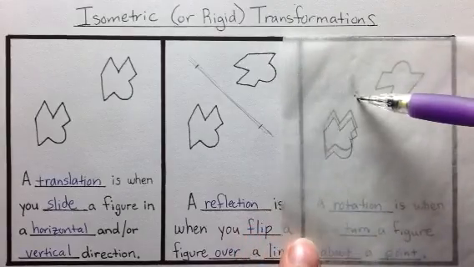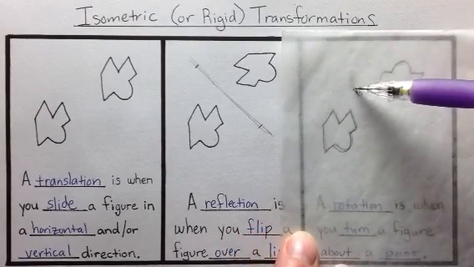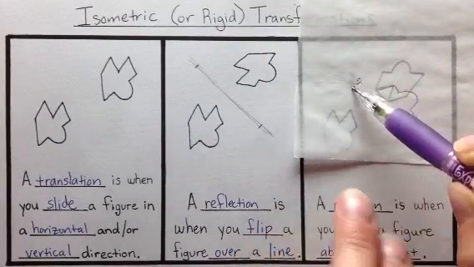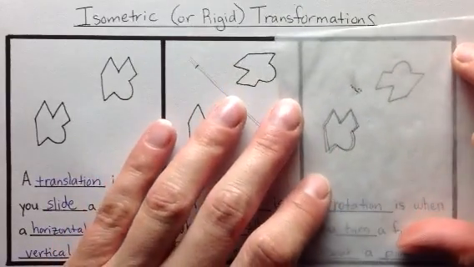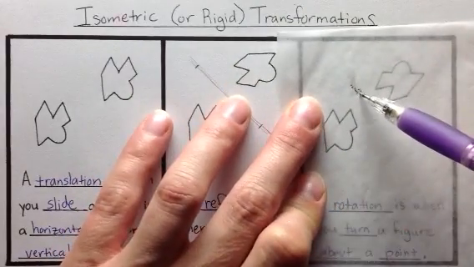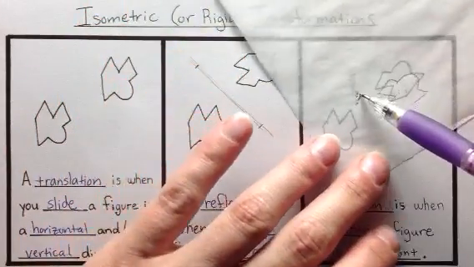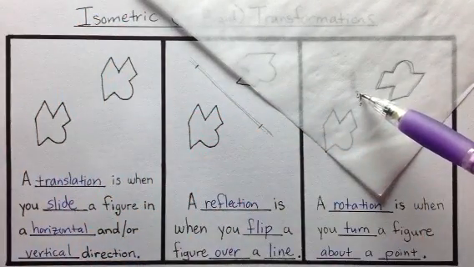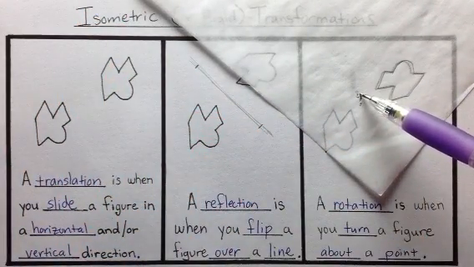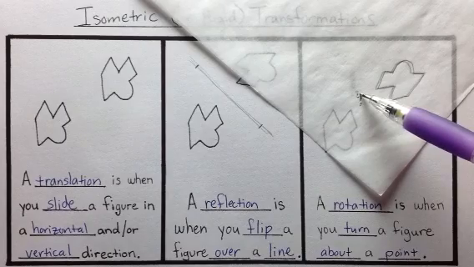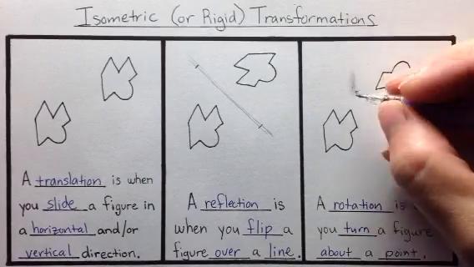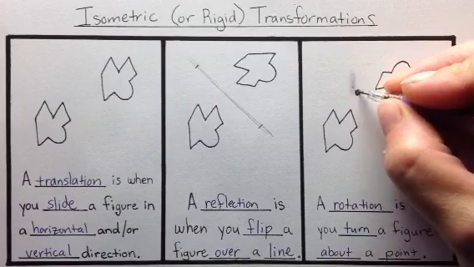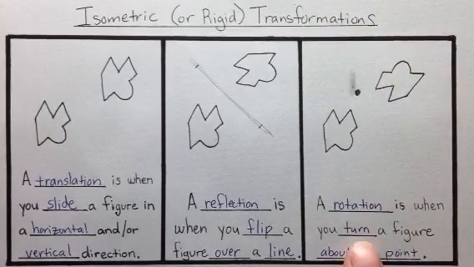Alright, if I start here, I'm going to turn it and land on this one. I can't find it. Try one last time. Oh, pretty close that time. Okay, so a rotation is if you take a pre-image and you turn it and it lands on the final image. So somewhere around here. Okay, so you turn it about a point.